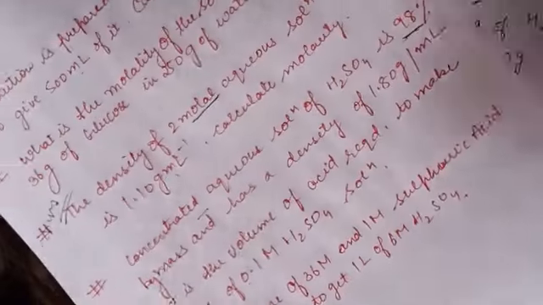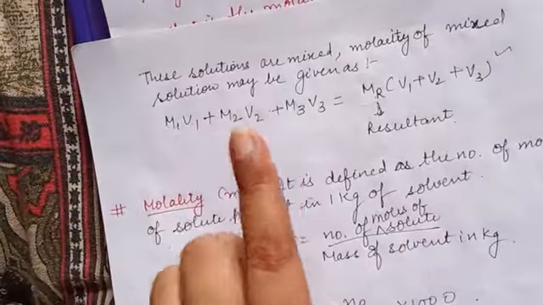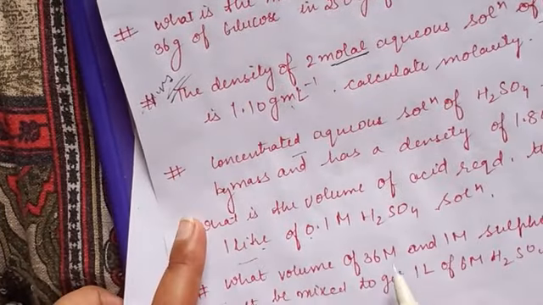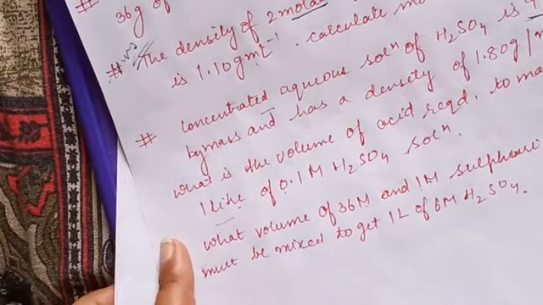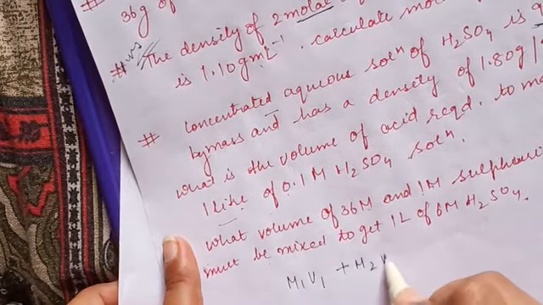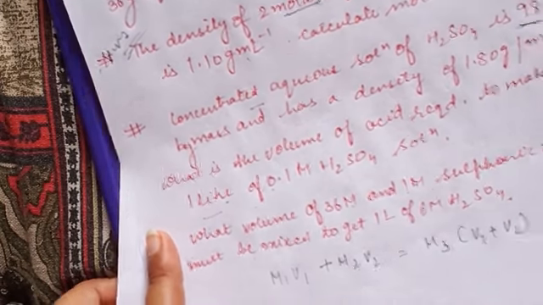This is molarity of mixing: M1V1 plus M2V2 is equal to M3 times V1 plus V2, right?